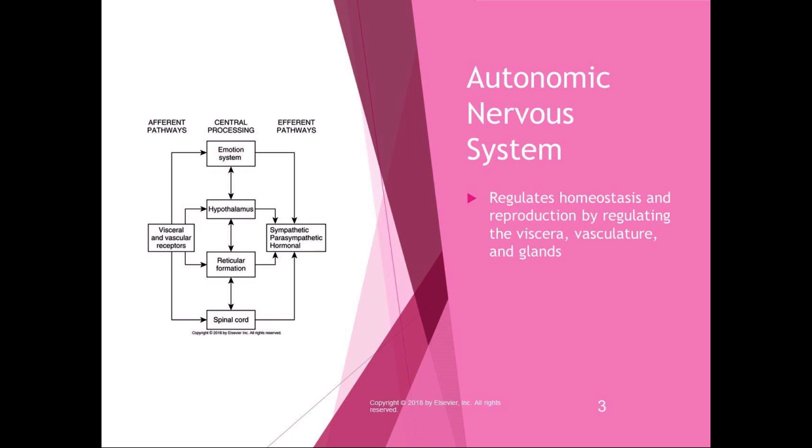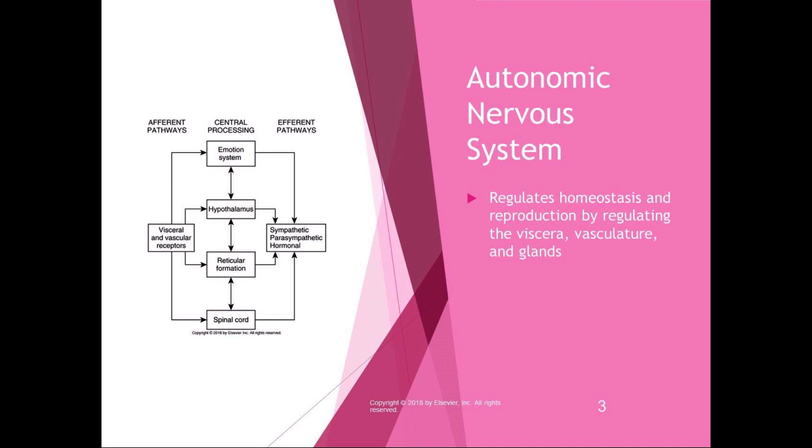The autonomic nervous system is divided into sympathetic and parasympathetic, and the somatic nervous system is divided into sensory and motor. Those are really the systems that we're going to talk about in the systems section of the textbook. So we're just briefly going to go over, so really I just want you to know the effects of the autonomic nervous system on the body.